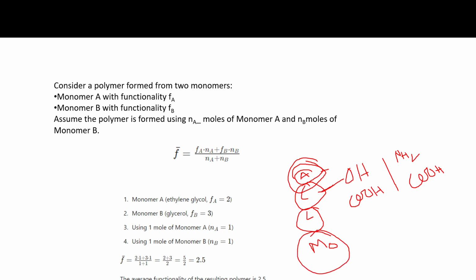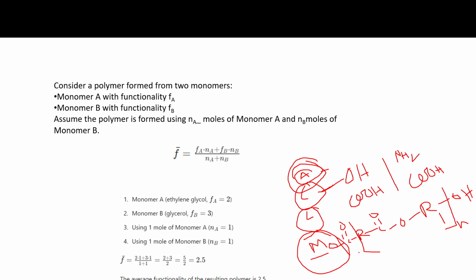To calculate the monomer repeating unit molecular weight, in a polymerization where two groups are involved, like R C double bond O, it will be an ester, and there will be some R1, which on one side will be OH, and the R side will be C double bond OH. When we talk about the repeating unit molecular weight, we have to know the functionality.